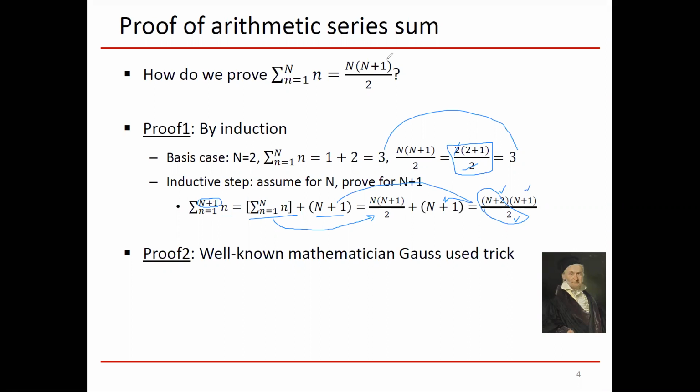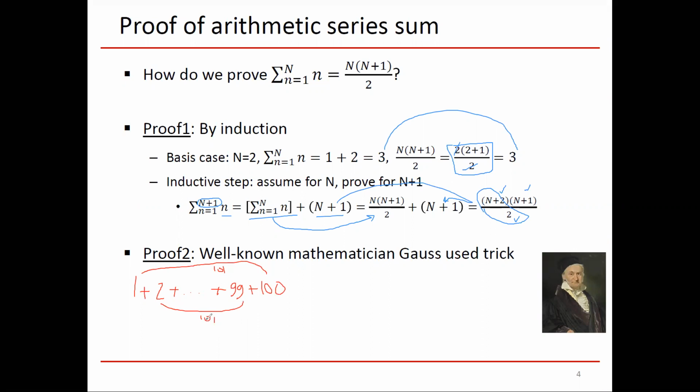Let's change color. Gauss was saying, what is 1 plus 2 plus and so on, plus 99 plus 100? Gauss had an interesting observation. He said 1 plus 100 is equal to 101. 2 plus 99 is also equal to 101. 3 plus 98 is equal to 101, and so on.